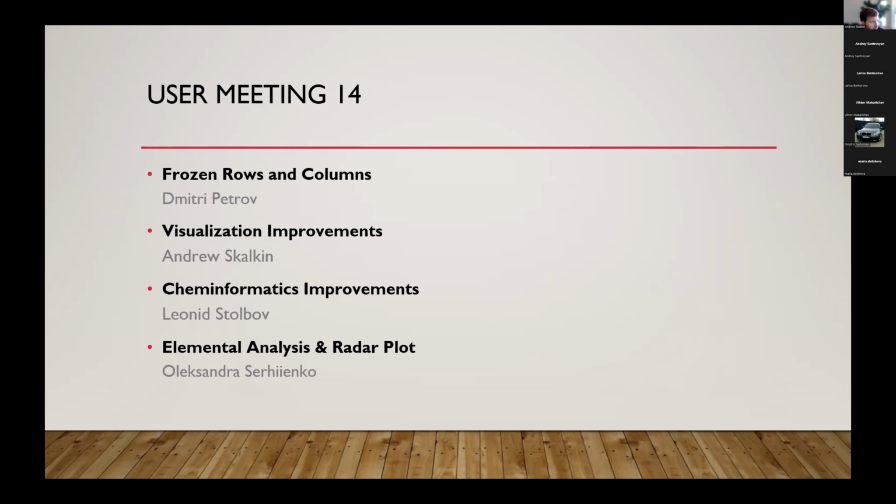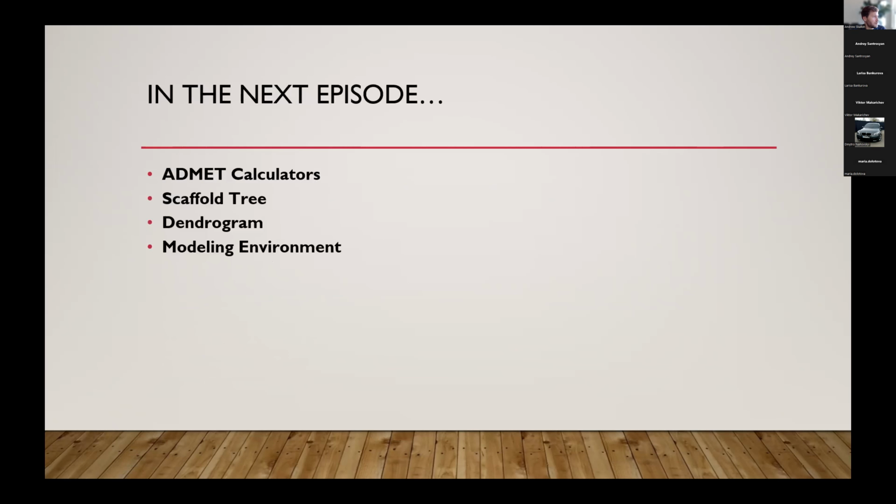And then finally, Alexandra will tell us about the new functionality she's built for elemental analysis of chemical structures and some additional visualizations. And then I think the last 30 minutes or so, we can have question and answers sessions. Then we also might discuss our topics for the next meetings, so we can also do it during our Q&A.